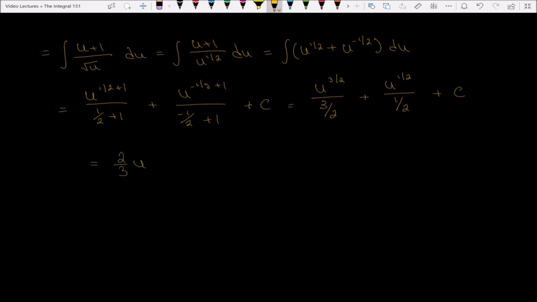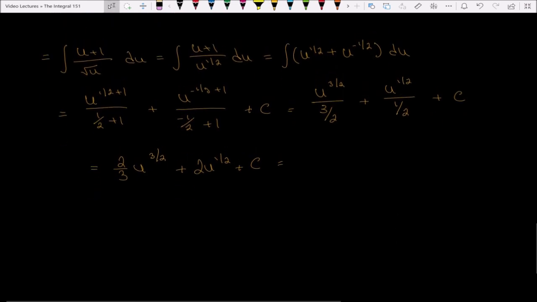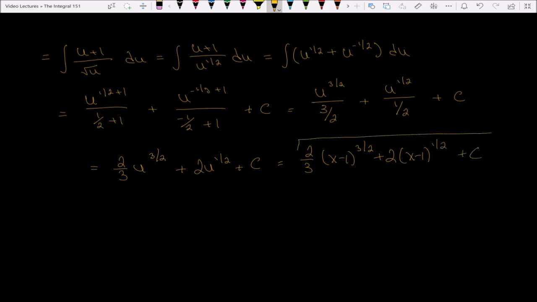That is 2/3 u to the 3/2 plus 2u to the 1/2. U was x minus 1. So our antiderivative is 2/3 (x minus 1) to the 3/2 plus 2 times (x minus 1) to the 1/2 plus an arbitrary constant. And again, if we wanted to, we could write (x minus 1) to the 1/2 as the square root of x minus 1.